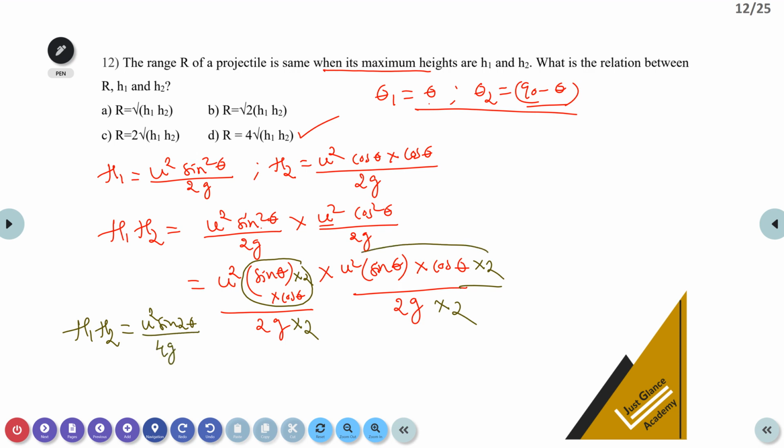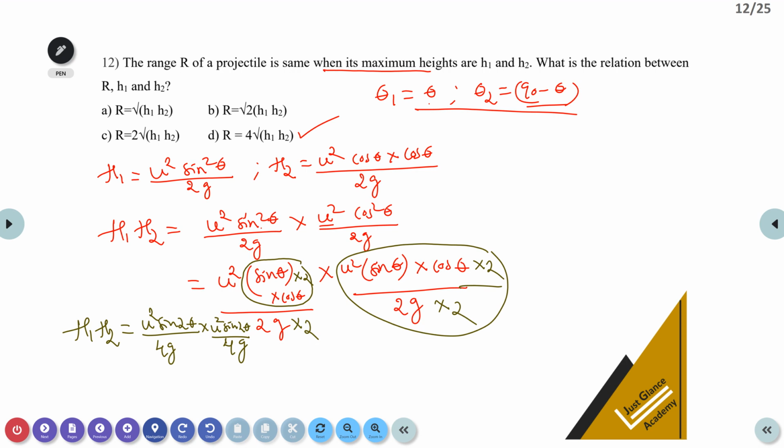Similarly, this term is also the same thing, equal to u square sine of 2 theta divided by 2 into 2g, that is 4g, because here also 4g.